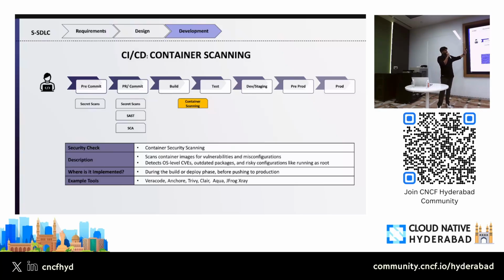And in any of these stages, if there is a critical issue and you configure it accordingly to block the PR, it will block it. It will give feedback to the developer immediately, so he'll know this is the issue, let's fix it today only. And we have tools like Anchore, Trivy, Aqua, Veracode for this in the market.